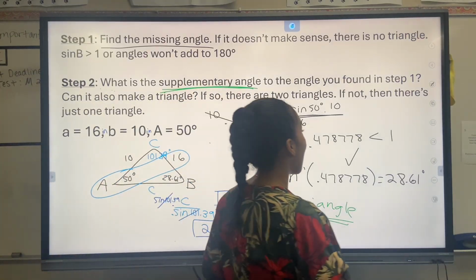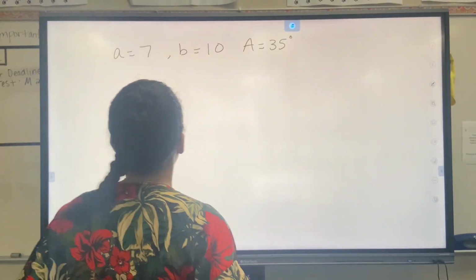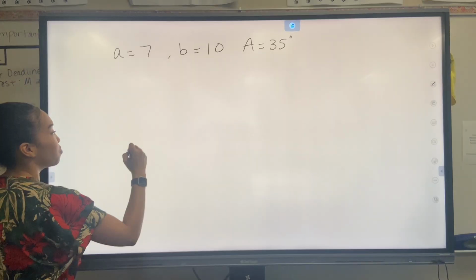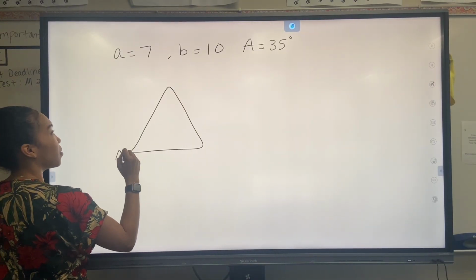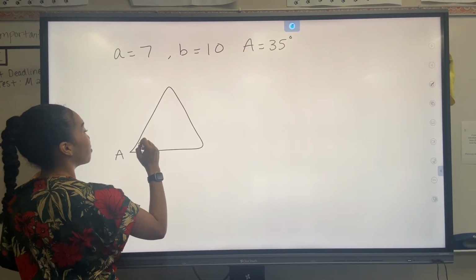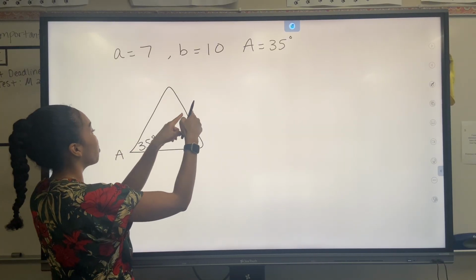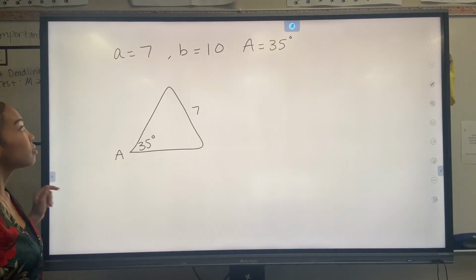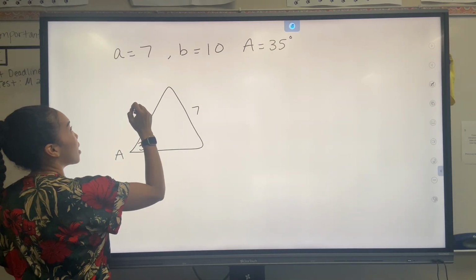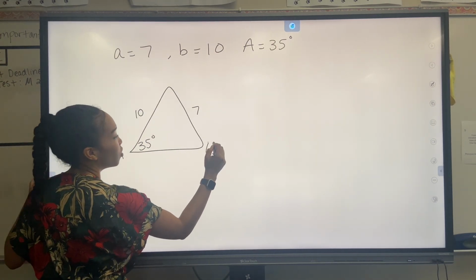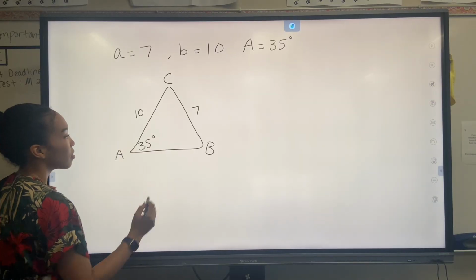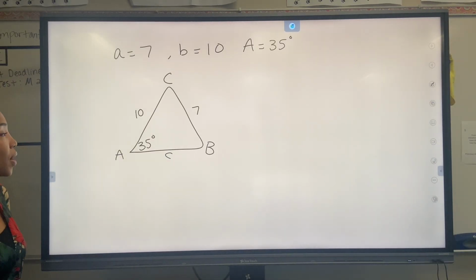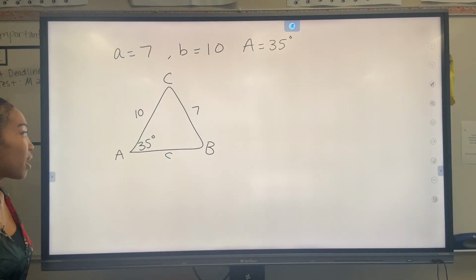Let's do the last example. All right, so let's go ahead and draw this triangle. I'll say angle A is here, and it's 35 degrees. Across from angle 35 is side A, which is 7. And I'll call this side B, and angle B. Okay, so let's go ahead and see if we have a triangle or not.